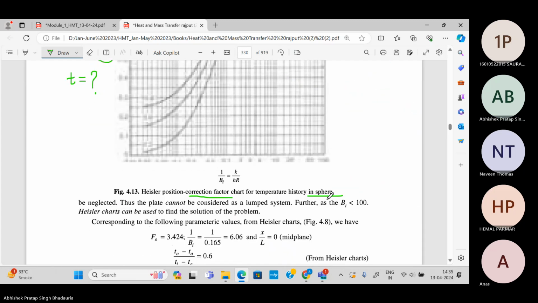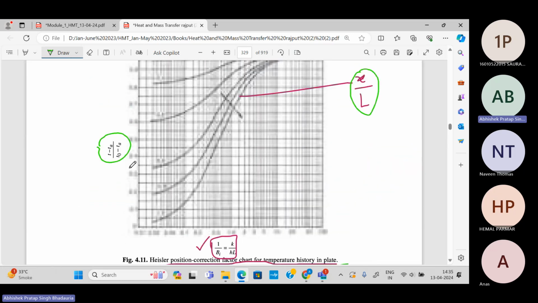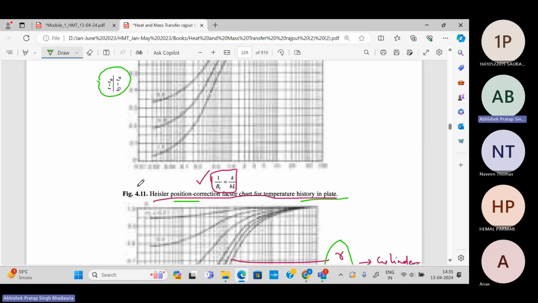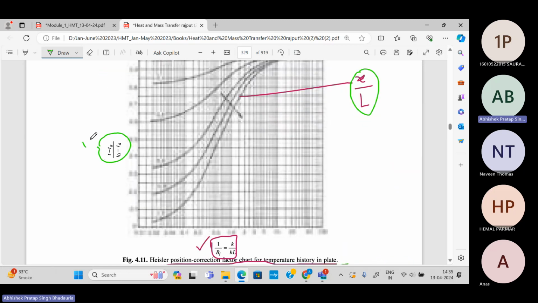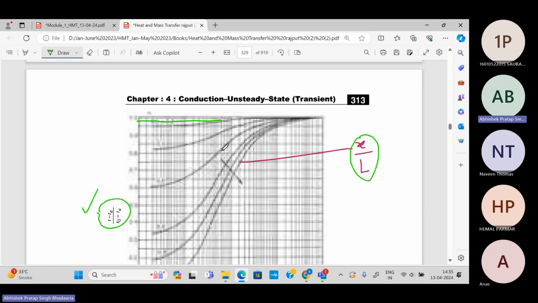So in short, I can say that in the correction factor chart, on the x-axis 1 upon Biot number is the variable, and on the y-axis the correction factor is the variable, that is T minus Ta divided by T naught minus Ta, where Ta is the ambient temperature and T naught is the center line or the midplane temperature.